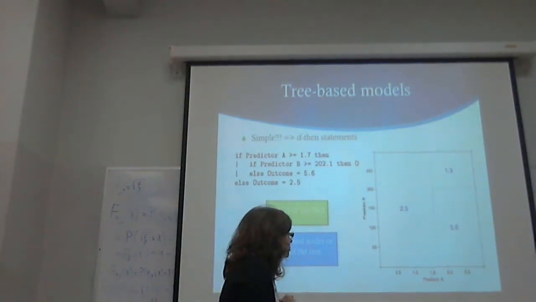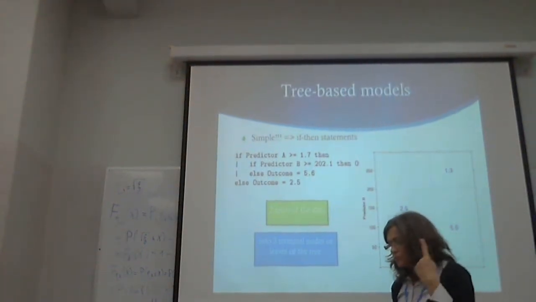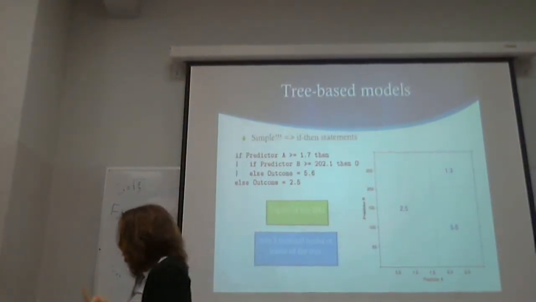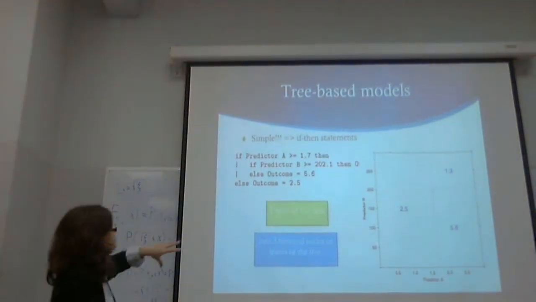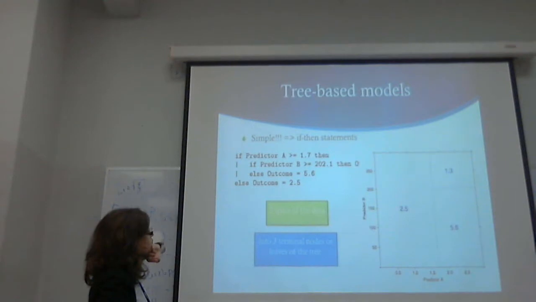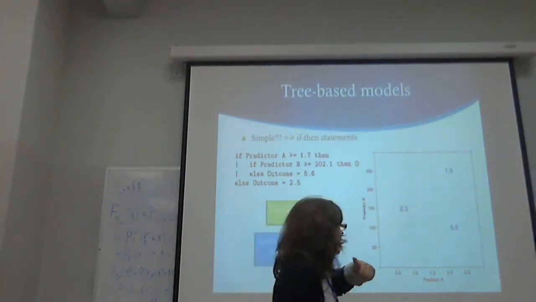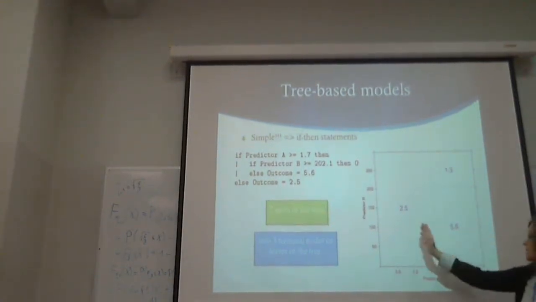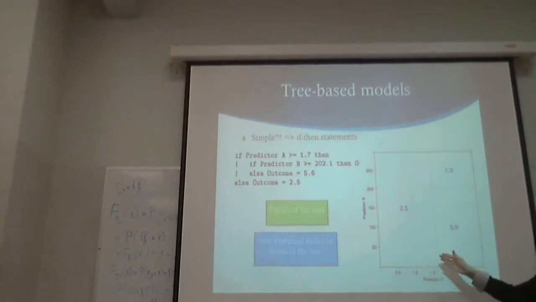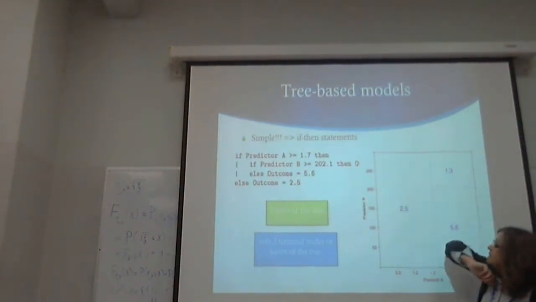But as I told you already, the effectiveness of this model comes not just from one tree, but from the thousands, from the ensemble. So these are the rules, and we see the simple rule, which means you just have two splits of data. You have one condition for predictor A. There are different outcomes if predictor A is less than 1.7, and for predictor B, the boundary is somewhere here.